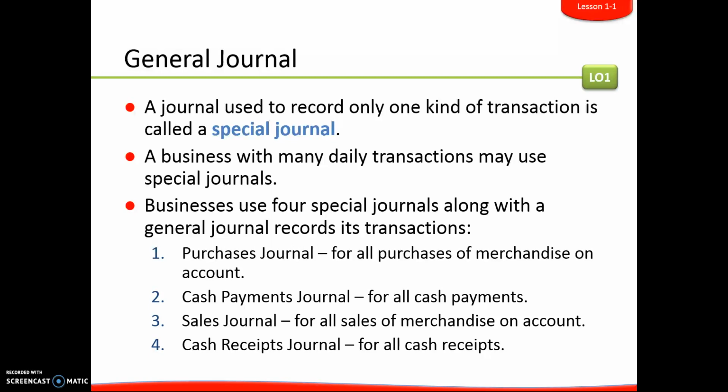Typically, businesses will use 4 special journals along with their general journal. Those 4 special journals are purchases journal, cash payments, sales, and cash receipts. Remember that purchases journal is used for only purchases of merchandise on account, and sales is for only the sales of merchandise on account. Those are 2 very important words to remember when we're looking at our purchases journal and our sales journal.